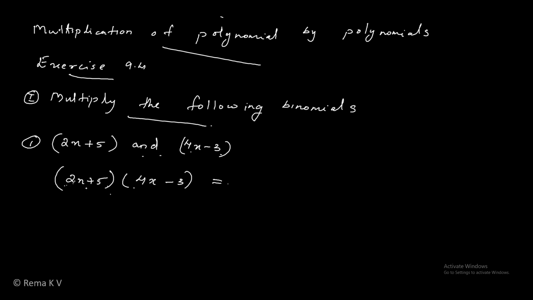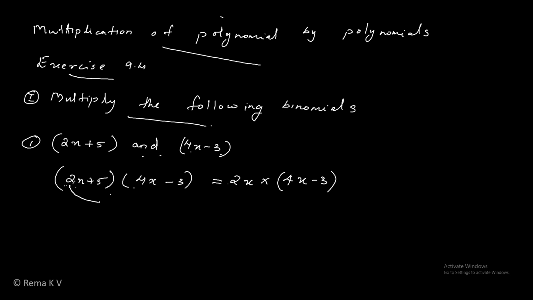Consider the first term of the first. So let us write this 2x multiplied by the second expression 4x minus 3. First term of the first expression 2x plus 5 is 2x.